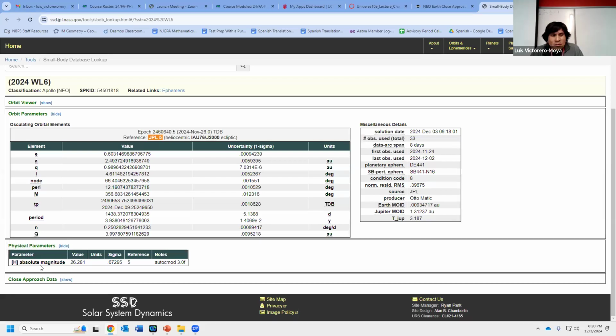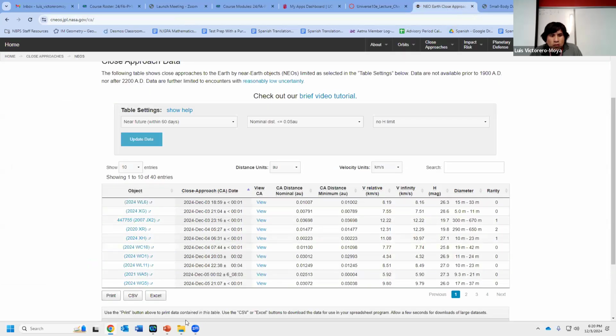I don't remember exactly the absolute magnitude of the sun, and the full moon as well, right? The magnitude is what you see in Stellarium, by the way. Okay, the lower the magnitude, the more brightness. The absolute magnitude, however, is related to the intrinsic brightness of an object, in this case, of this near-Earth object. All right. So that's what we have in this catalog. All right.